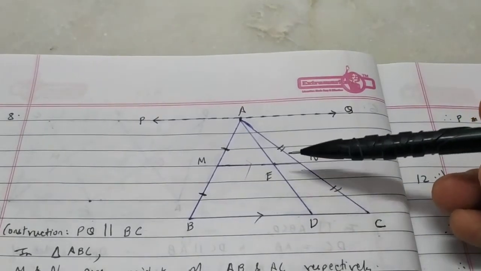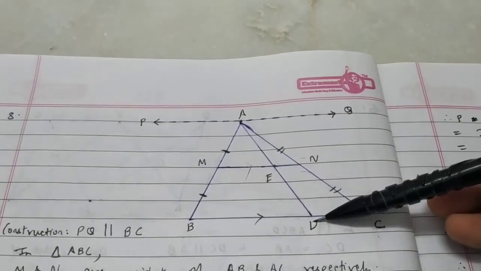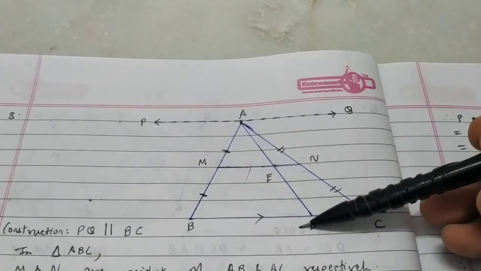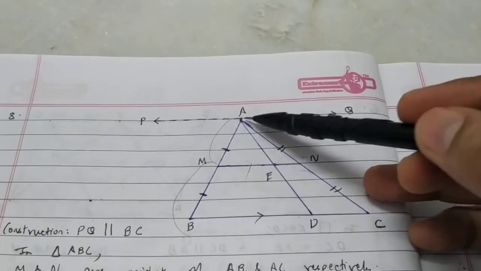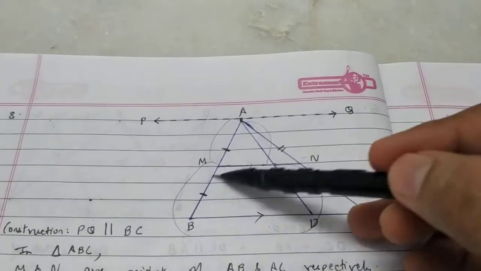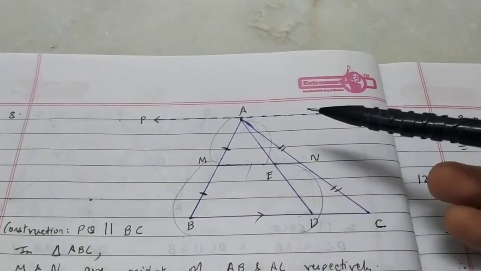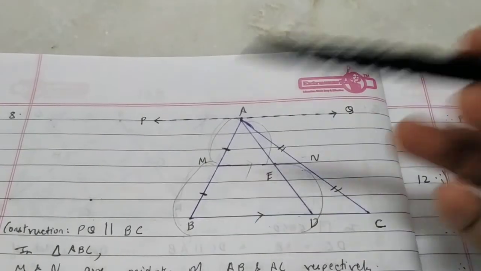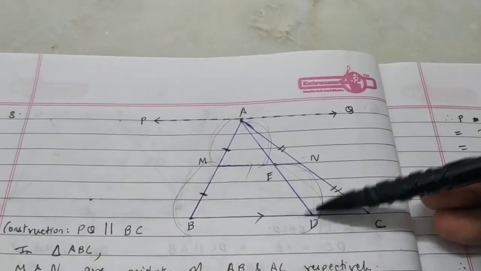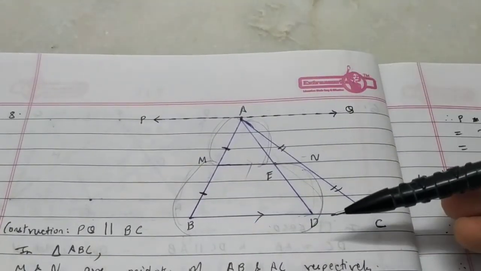And now that we have already proved MN is parallel to BD, that means all three lines are parallel. If all three lines are parallel, that means this upon this will be equal to this upon this. You know, the intercepts formed will be in the same ratio. That's the intercept theorem. And incidentally, here this upon this is 1 upon 1. That means this upon this is also 1 upon 1.